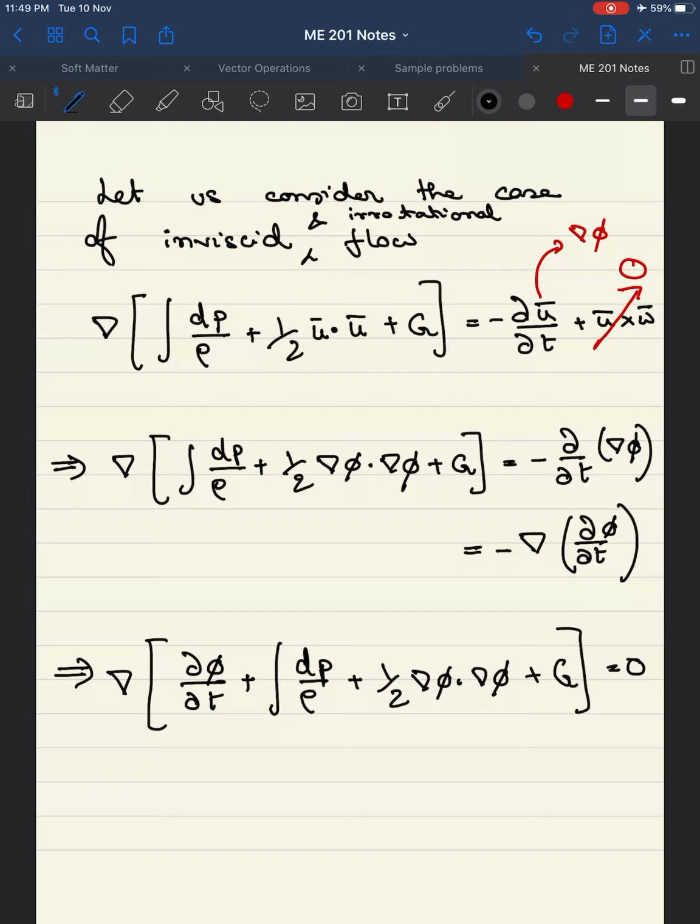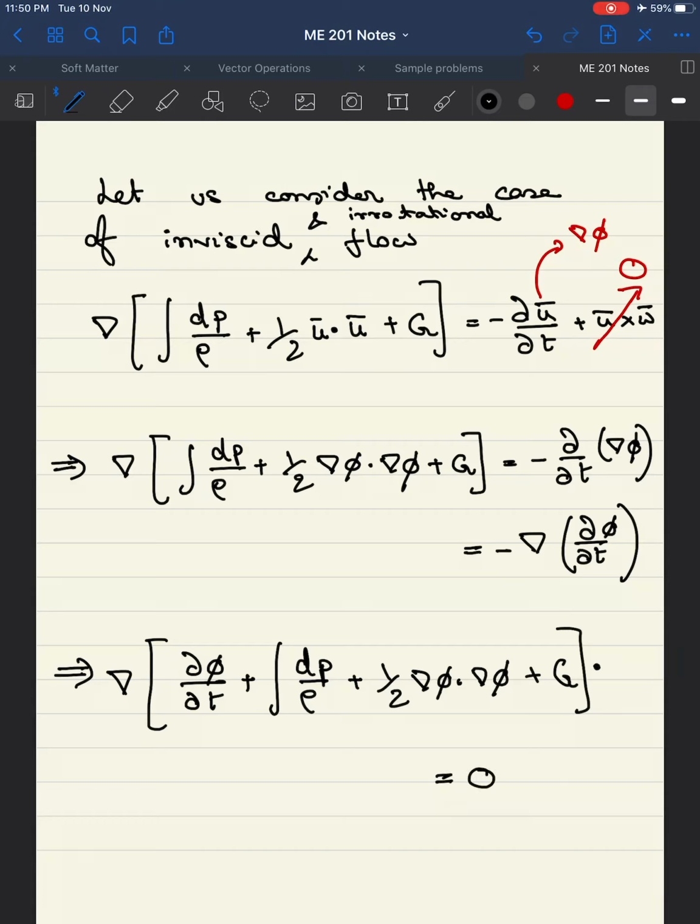Okay, now in this particular case you can take the dot product of this. So we have seen that this is true, so this is equal to 0.